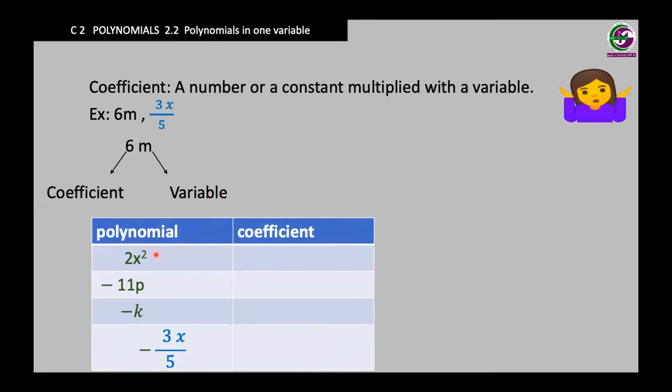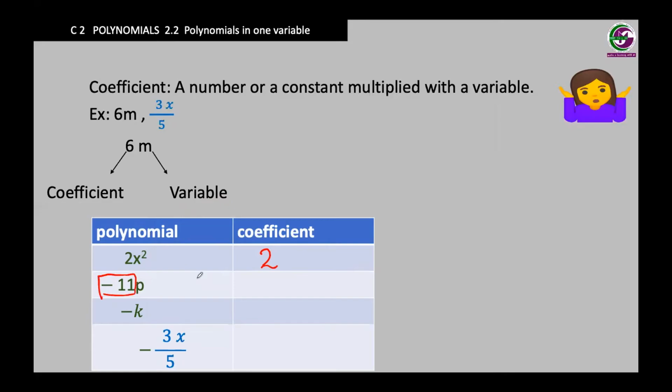Here, what are the coefficients of these given expressions? 2x power 2. So x is the variable, and what is the number multiplied with x power 2? 2. So the coefficient is 2. Negative 11p is a term or an expression, or even we can call it as a polynomial. So what is the coefficient? The number which is multiplied with p.